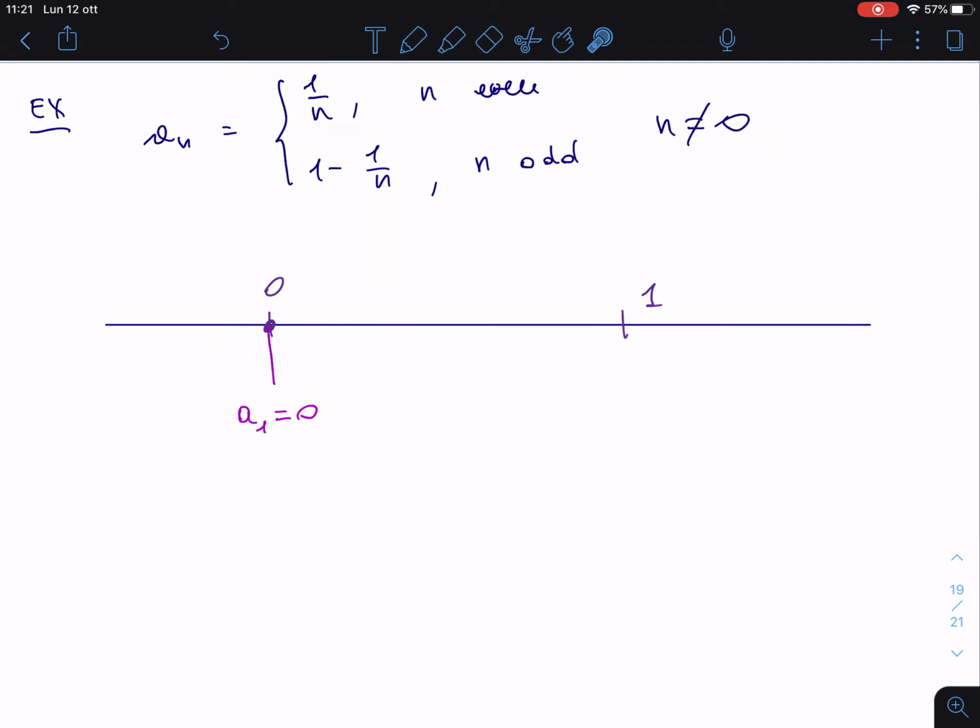Then you have 1/2, which is a2. Then a3 is 1 minus 1/3, so it is 2/3. a4 is 1/4.